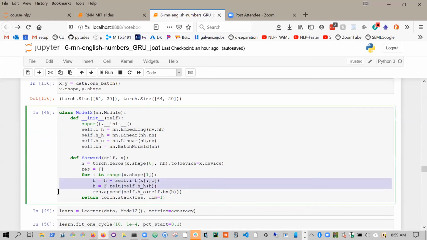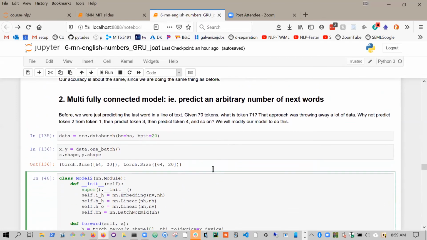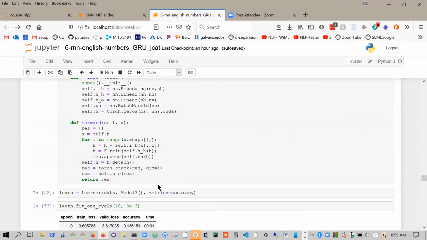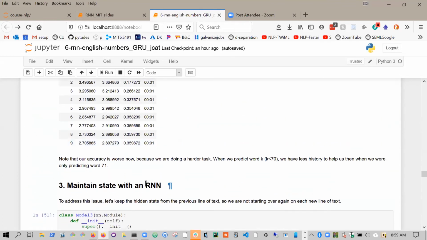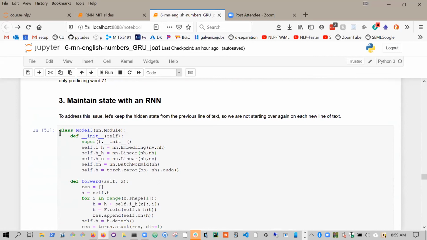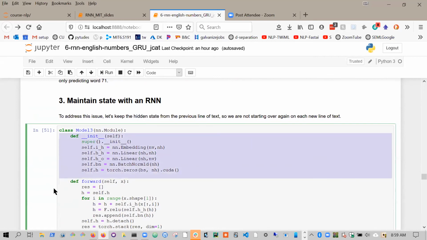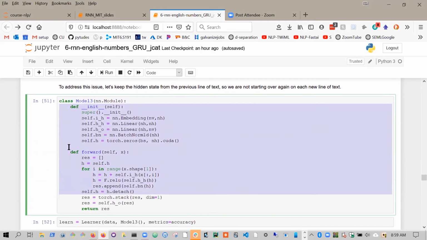So if we were to compare this with model 1, this is the one where we got the poor accuracy. So this is model 3, and this is the one that we want to compare with model 1 to see what the difference is.